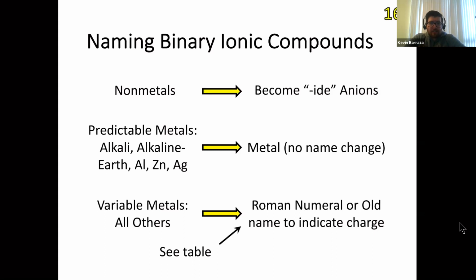So if my compound contains lead with a +2 charge, I call it lead(II). And so we say Pb2+ would be lead(II) with a Roman numeral. There is also an old naming convention that we need to know, and that was also covered in the pre-lecture video, where we use the sort of Latin names.